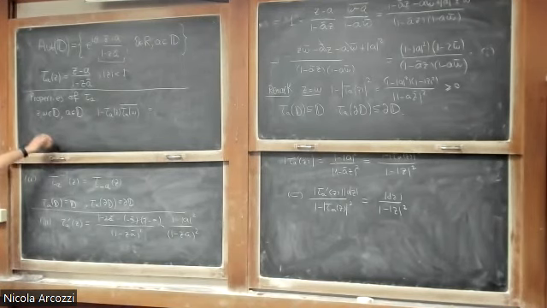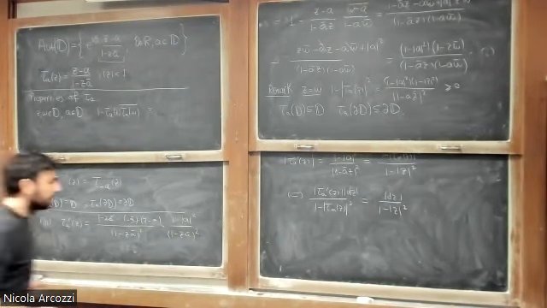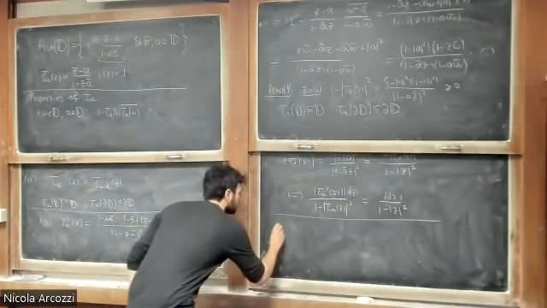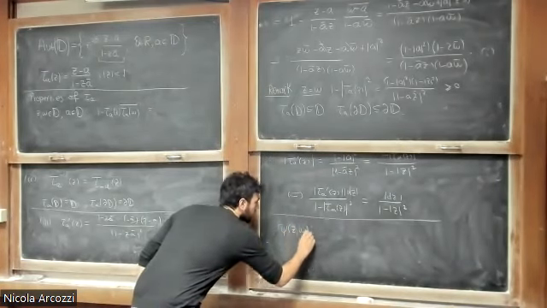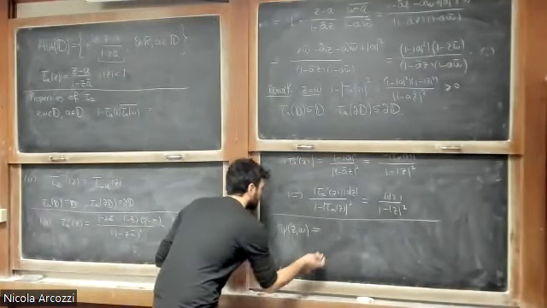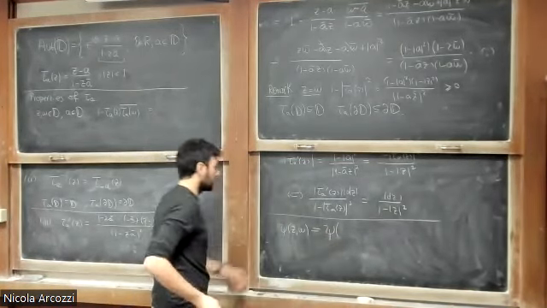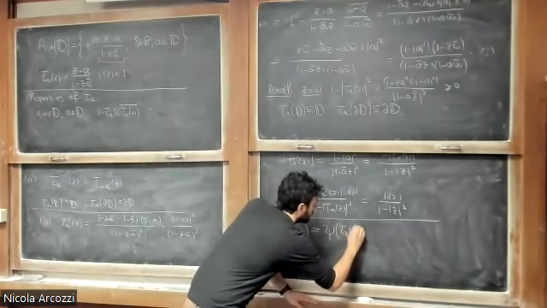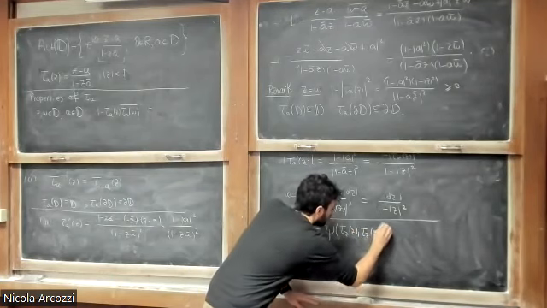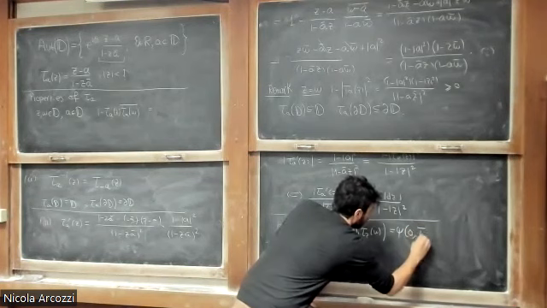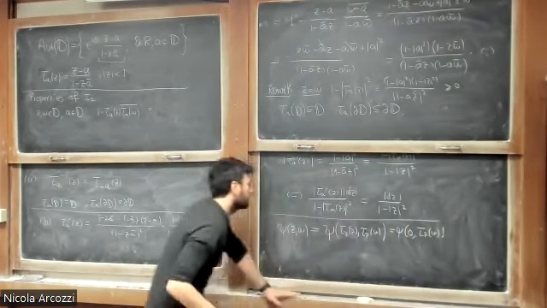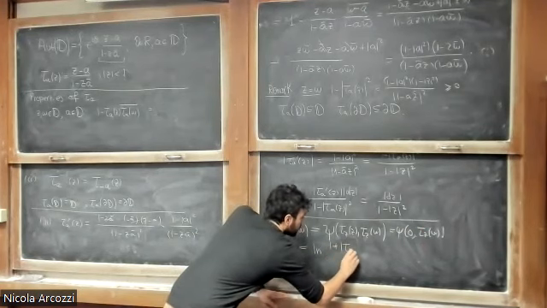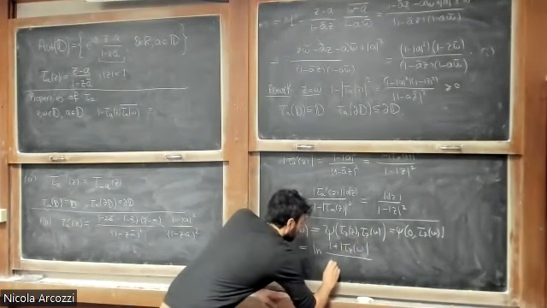So if you want to calculate the distance between Z and W in the hyperbolic space, then you can apply tau Z, for example, to both arguments because it's an isometry. And we know that this is exactly the logarithm of 1 plus the modulus over 1 minus the modulus.